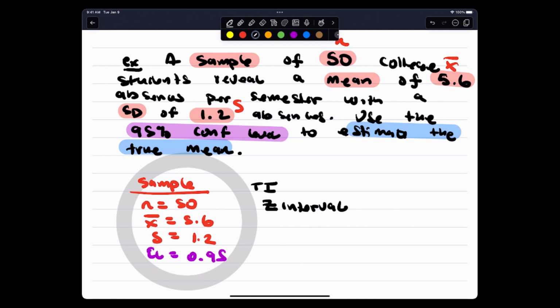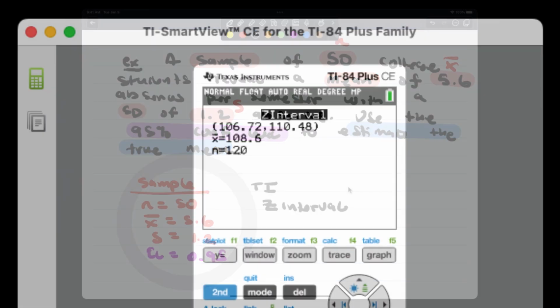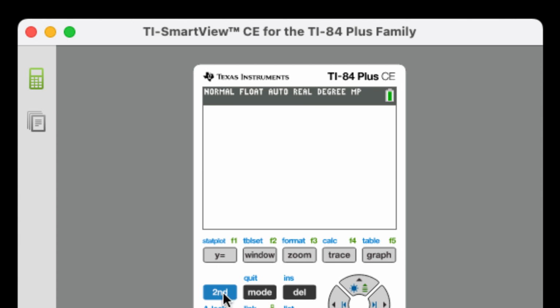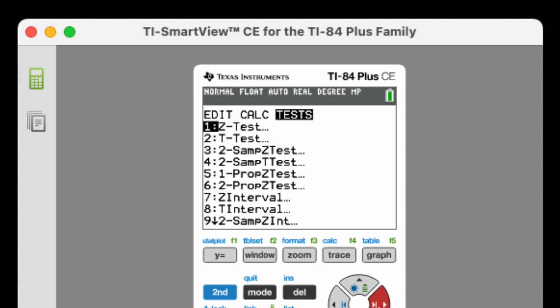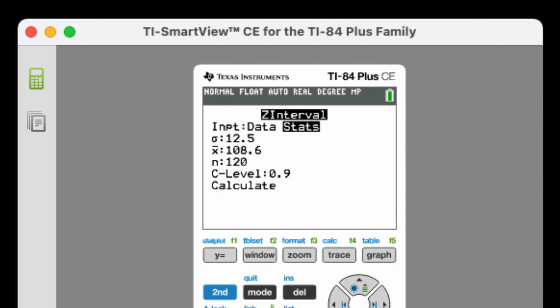All right, let's get out the TI. Here we go. Stat, Test. Z interval is number 7. It's under stats. Good. What's the standard deviation? Since this is large, we can say sigma is the same as S, 1.2.